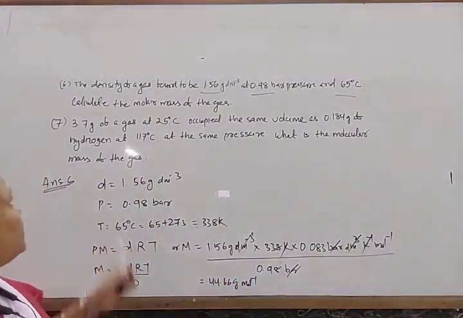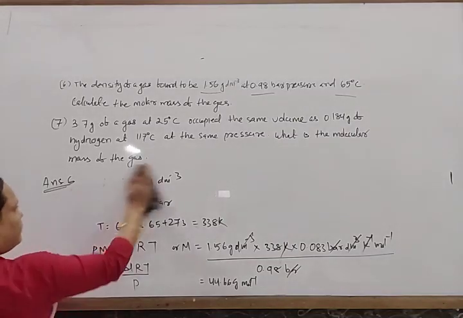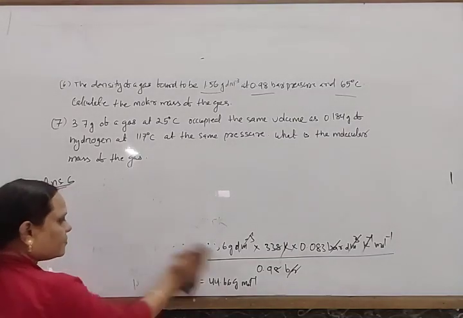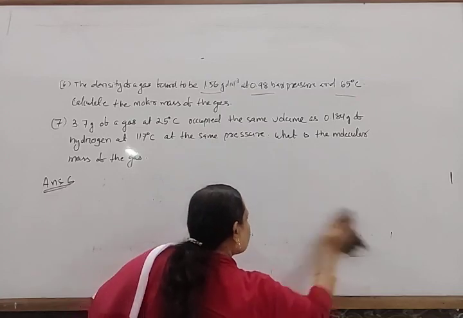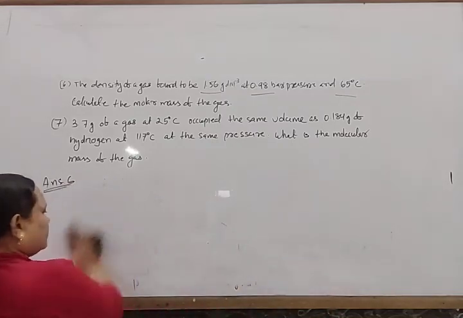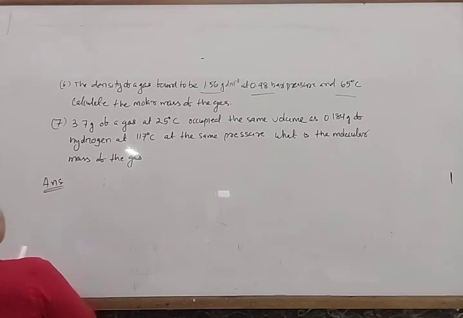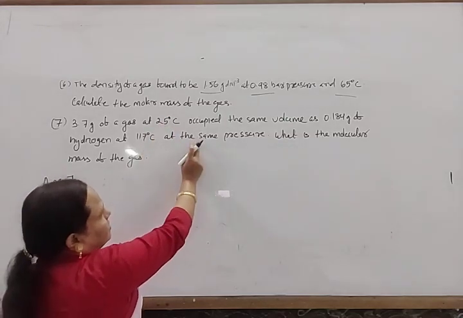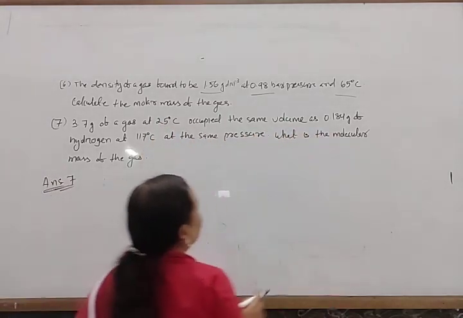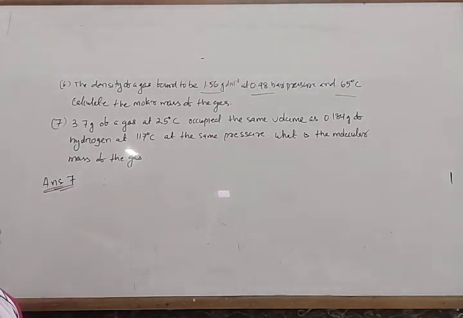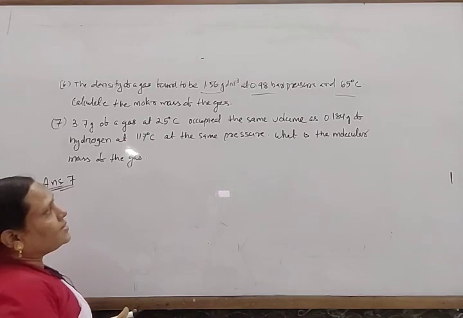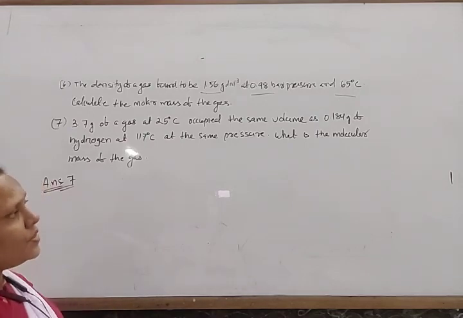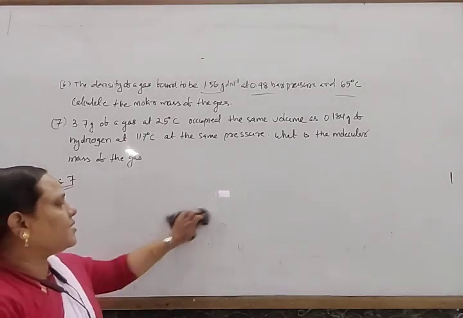Next, come to question number 7. 3.7 gram of a gas at 25 degrees Celsius occupied the same volume as 0.184 gram of hydrogen at 117 degrees Celsius at the same pressure. What is the molecular mass of the gas?